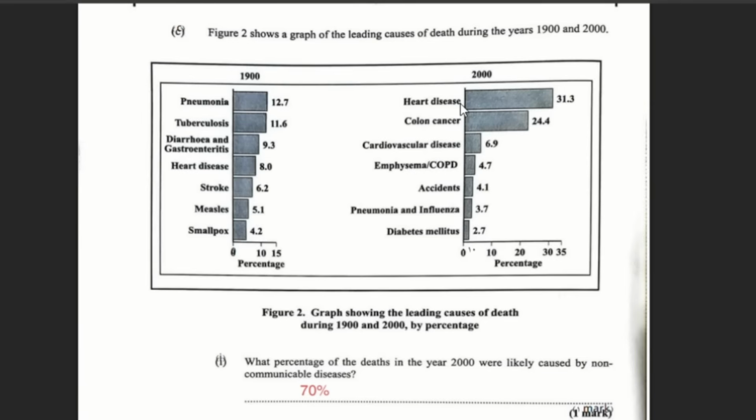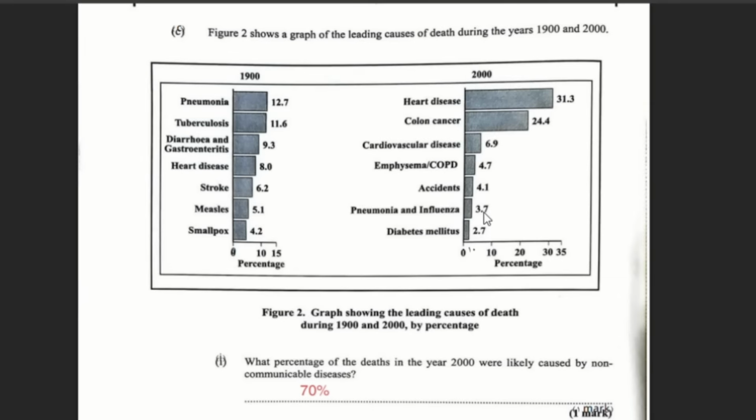So that's non-communicable. Colon cancer, that's also non-communicable. Cardiovascular disease, I cannot just touch somebody and they get it. That's also non-communicable. COPD, that's also non-communicable. And then pneumonia and influenza, this right here, this is communicable. For example, if somebody has the flu and you go around them or you touch the same things as them, then you're likely to get the flu.